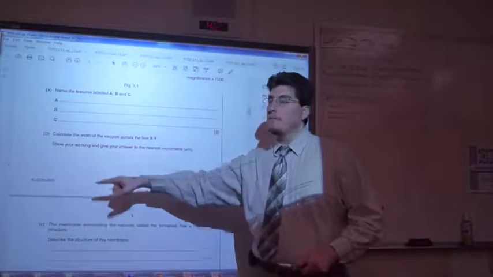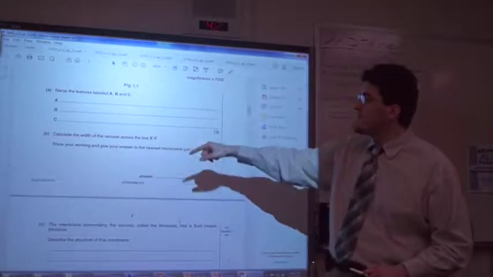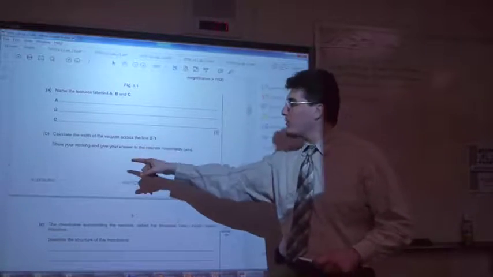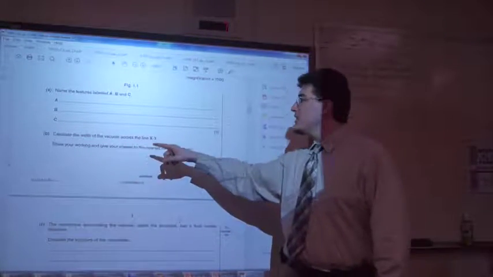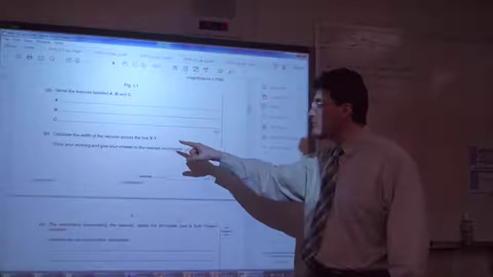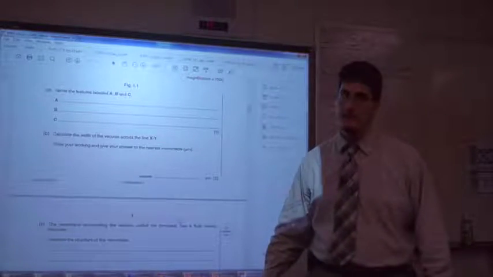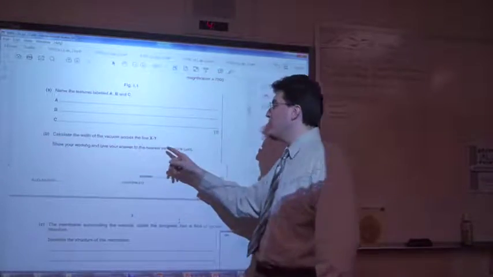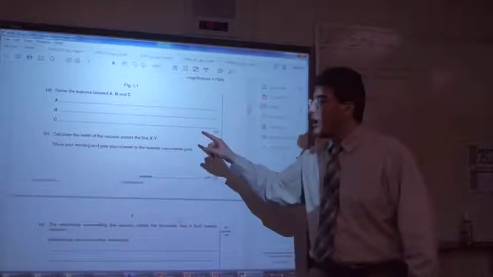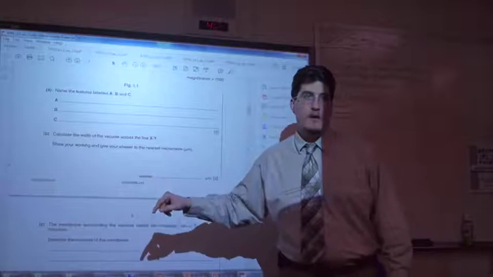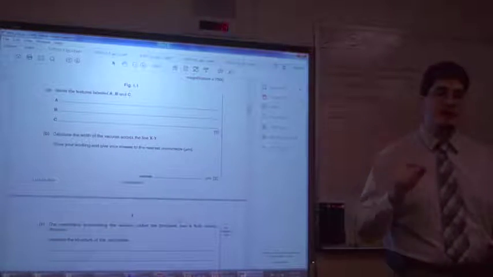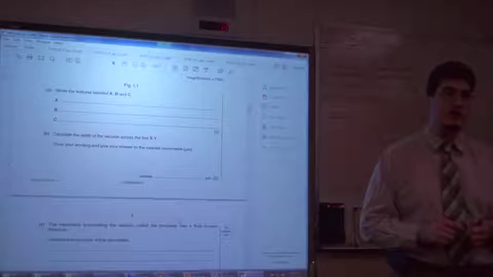The words here: calculate the width of the vacuole across the line XY, show your working, and give your answer to the nearest micrometer. When they say show your working and give your answer to the nearest micrometer, your answer matters. Both points can be given for the correct answer.